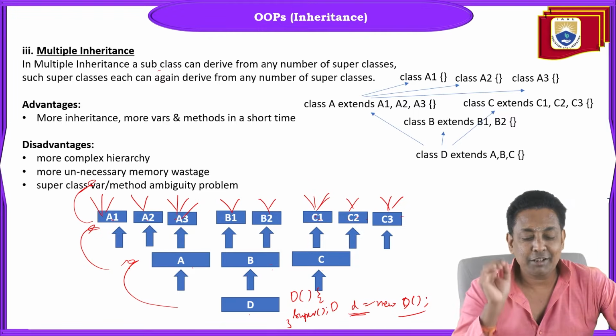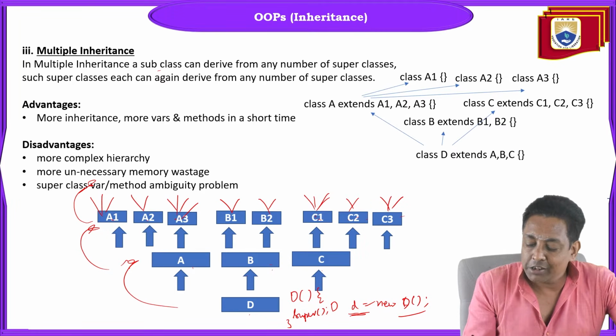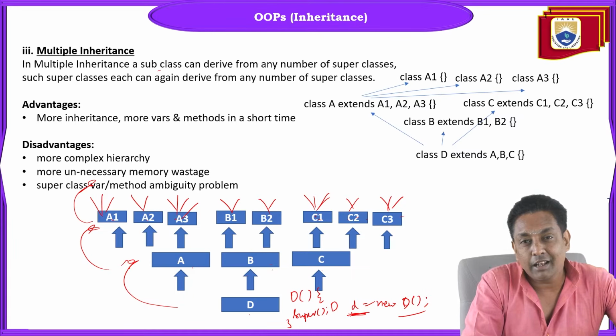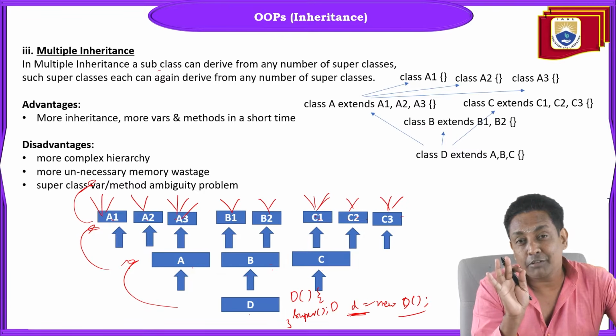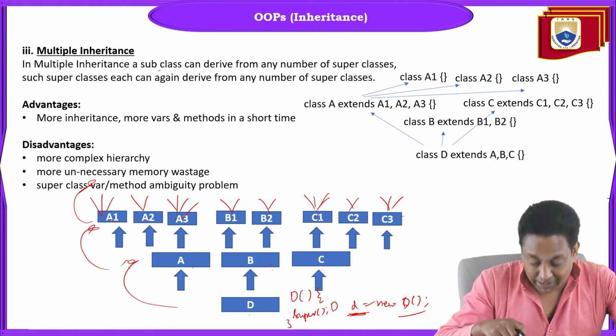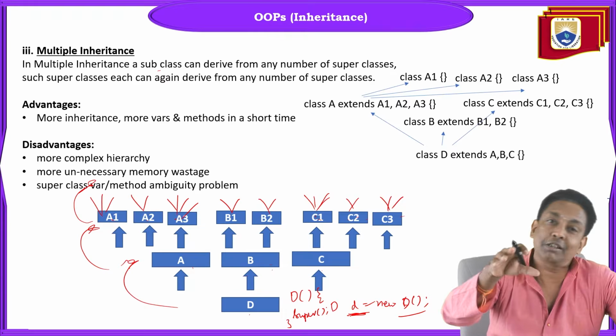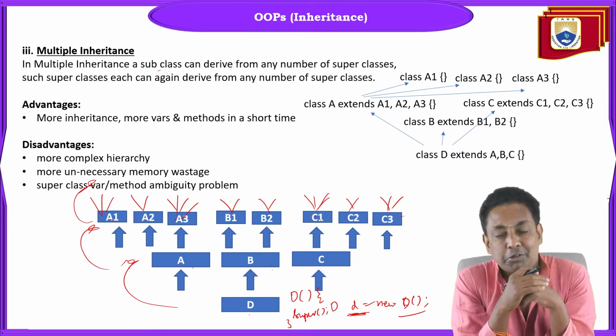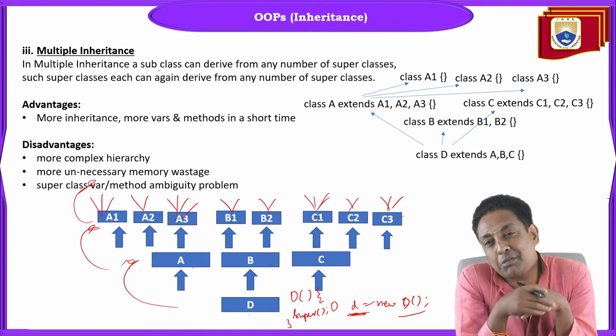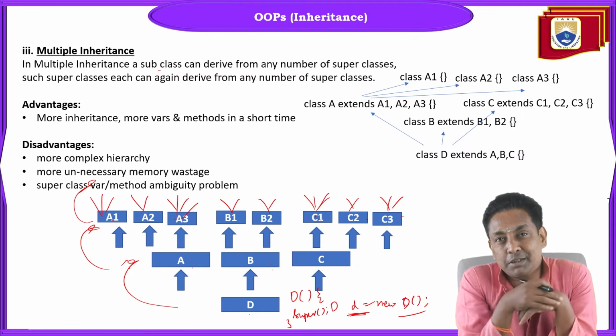Imagine the situation. If you casually create one object of D, memory will be allocated for its class, and for its superclass variables and methods, and its superclass's superclass variables and methods also. So imagine how much memory occupation takes place here, how much unnecessary memory gets wasted.